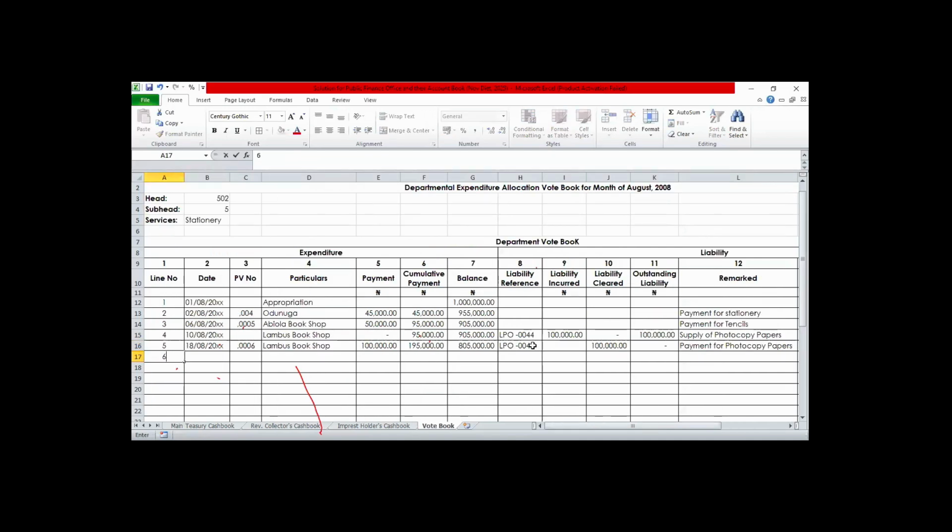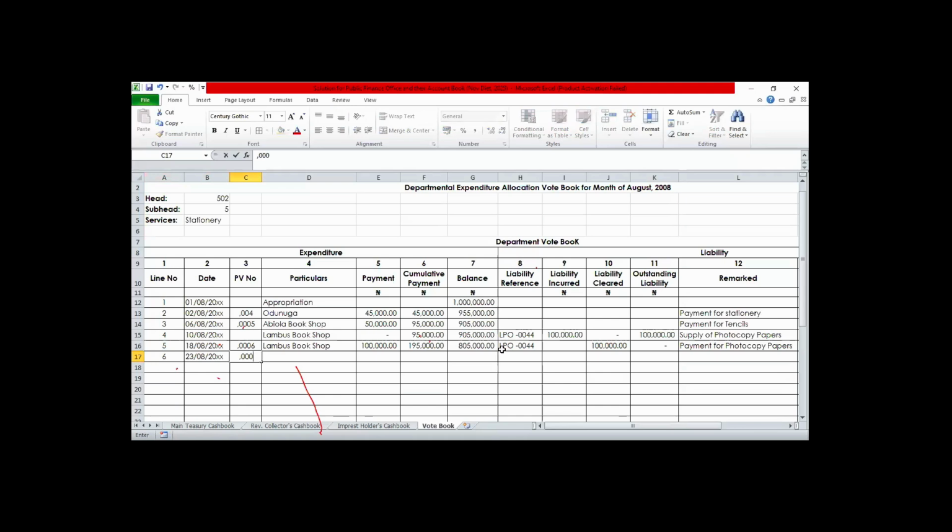The next one, 23/8, 2308, 20XX. What happened? We paid 20,000 for stamping pins and staplers. On what PV number? PV number 0007.